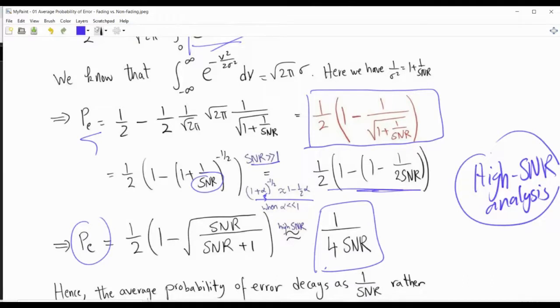So the average probability of error decays with the average signal-to-noise ratio. This is unsurprising. You expect that when you increase the average signal-to-noise ratio, you get better performance in the sense of a reduced average probability of error.